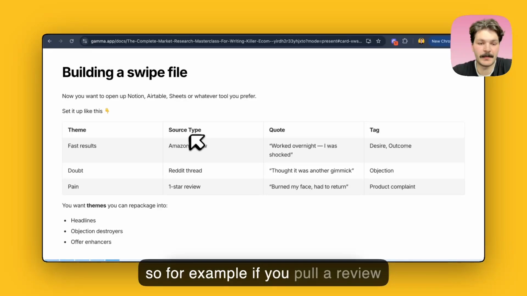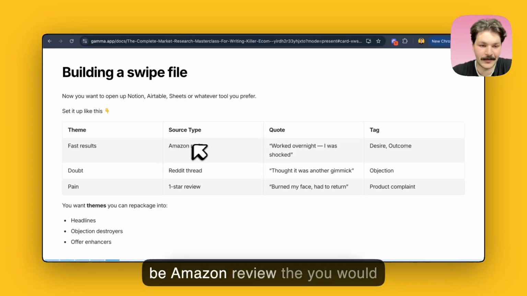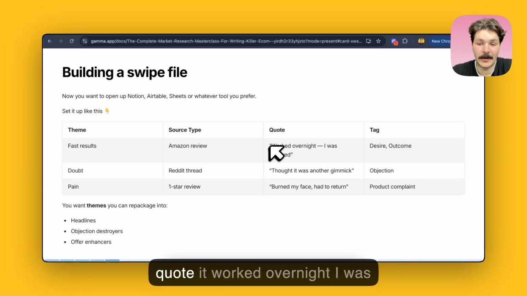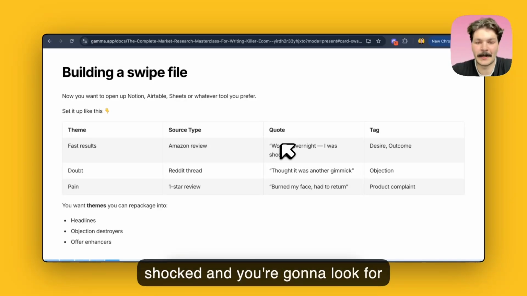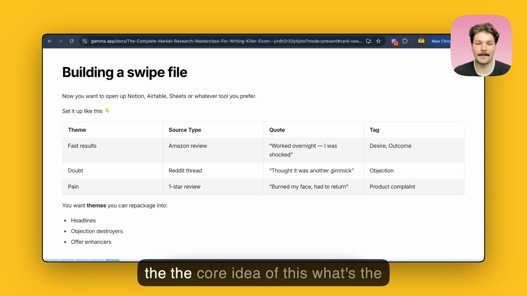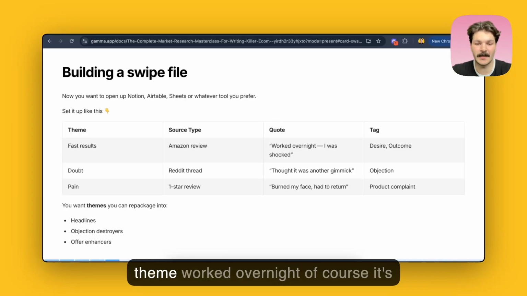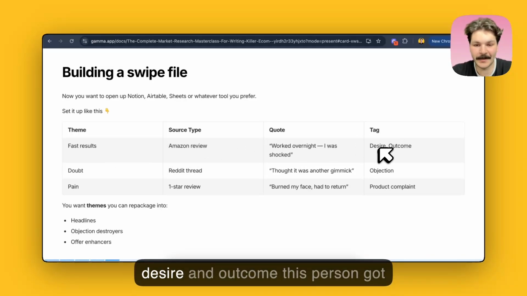For example, if you pull a review from Amazon, the source type would be Amazon review. You would quote it: "worked overnight, I was shocked." Then you look at what the core idea of this is. What's the theme? Worked overnight, of course, it's fast results. And then the tag would be desire and outcome.